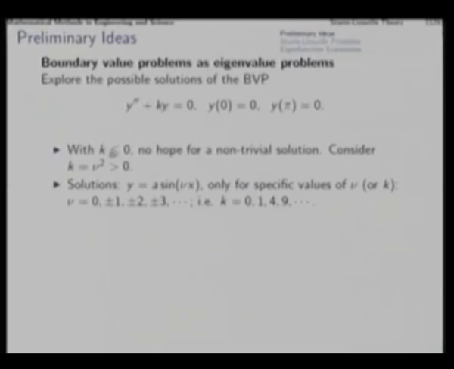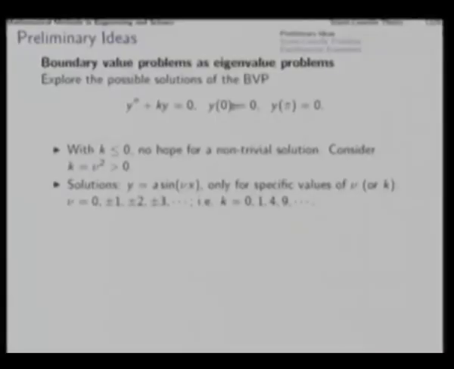less than or equal to 0, there is no hope of finding a non-trivial solution. And why so? Because with k negative, this will give rise to an auxiliary equation, m square minus something equal to 0, and that will mean that m will have two real values, and there will be exponential solutions.